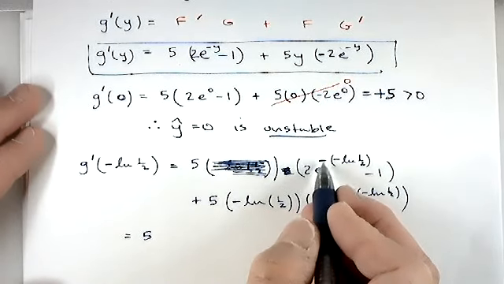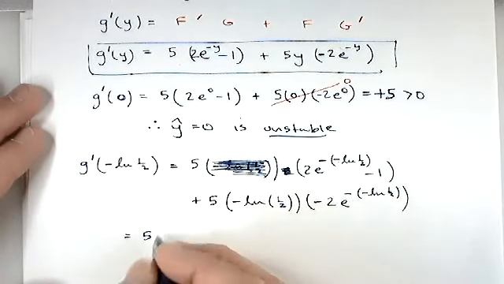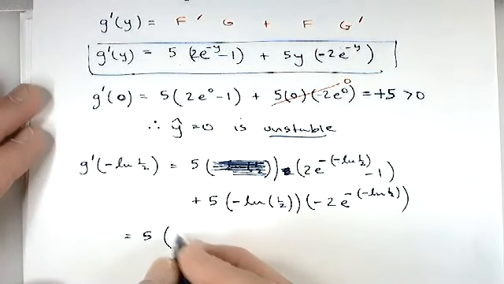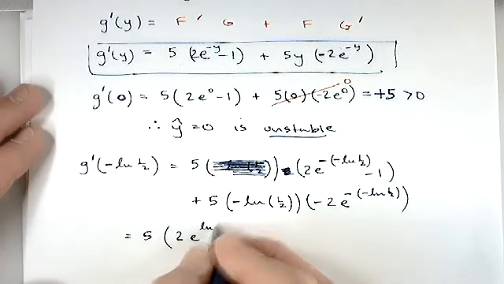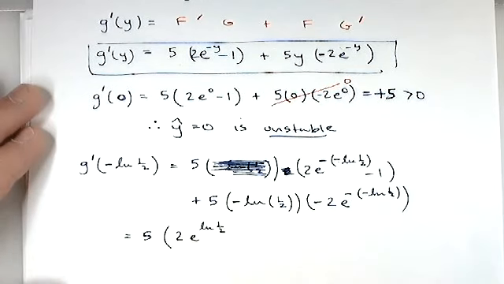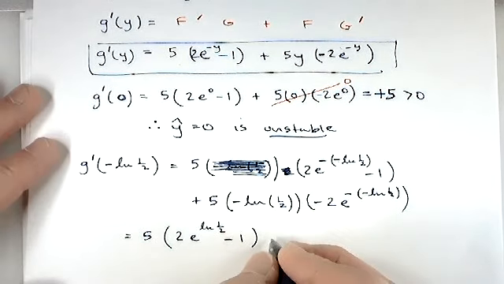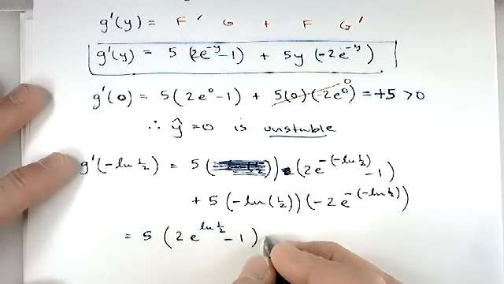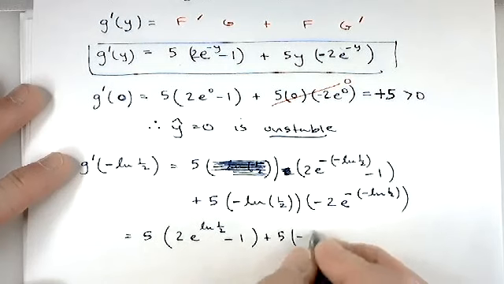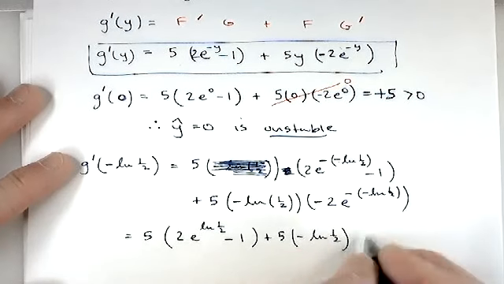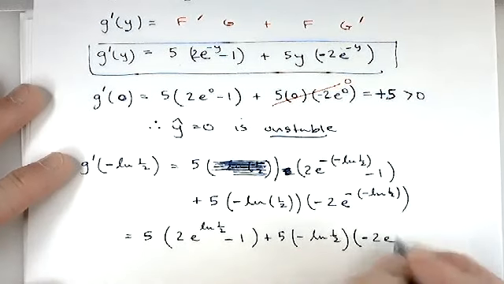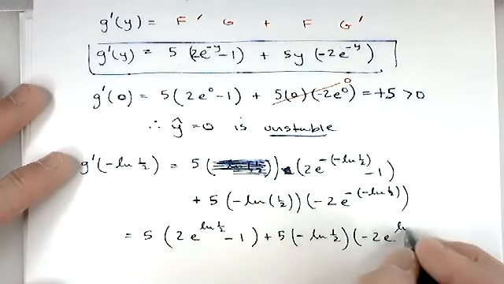Well, 2e to the negative ln of 1/2 is just 2e to the ln of 1/2 minus 1, plus 5 negative ln 1/2 times negative 2e. This is going to cancel and just make that ln of 1/2.